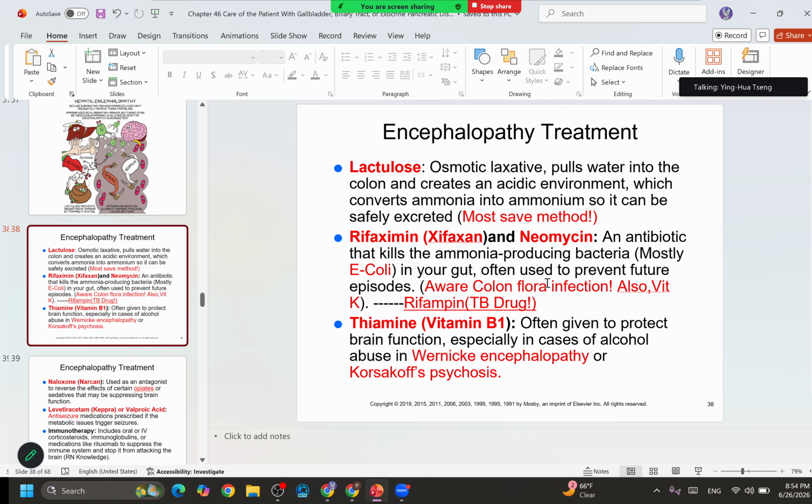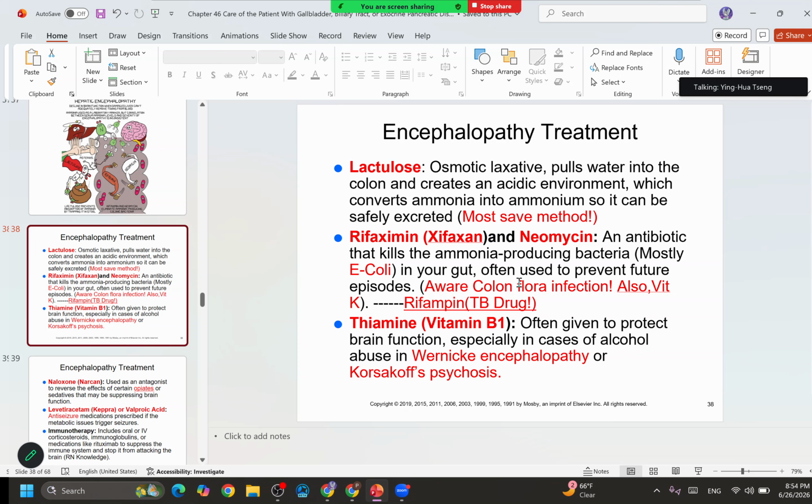But here is a problem: beware of colon flora infection, which means a secondary infection. You kill all the good bacteria in your colon, and sometimes the bad bacteria too, so you kill all the bacteria there.